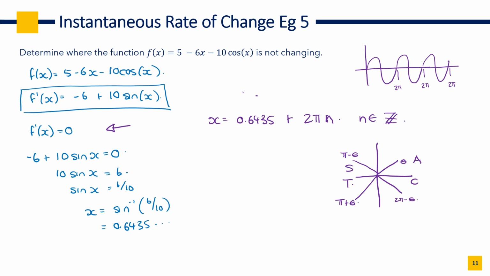So now, when we look at this, if we have sine theta, it can also be represented by sine of pi minus theta. So we need to consider that. Your sine of pi minus theta is equal to your sine theta, or in our case, sine of pi minus x is equal to sine x.